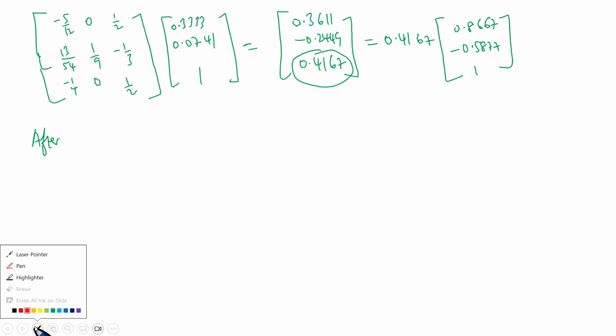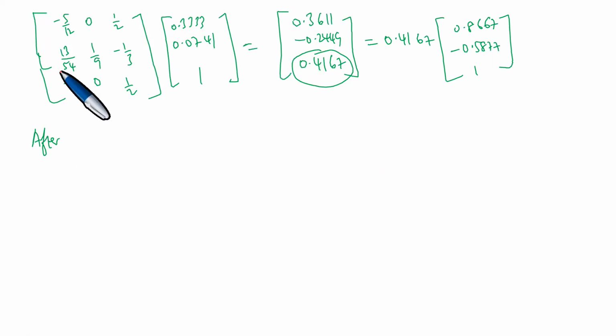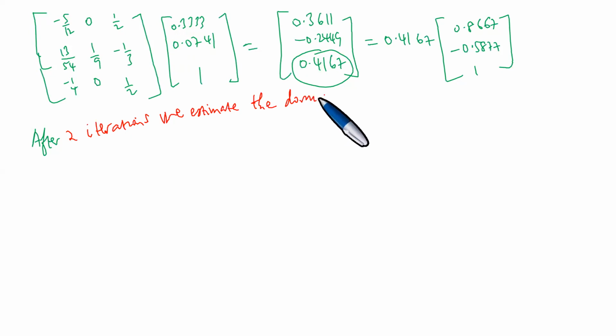Right, so we continue. After 2 iterations, we estimate the dominant eigenvalue of the inverse, the dominant eigenvalue of A inverse.